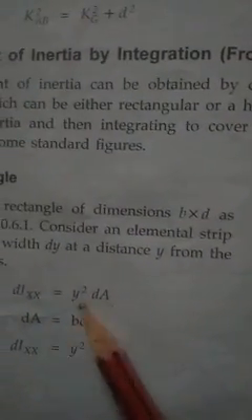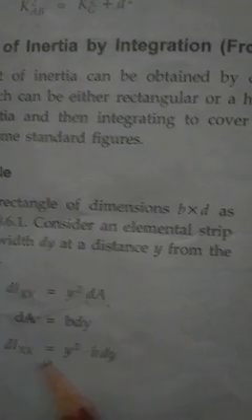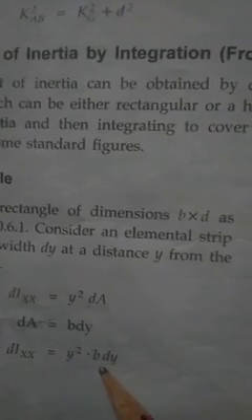Substituting this, dIxx becomes y square into b into dy.